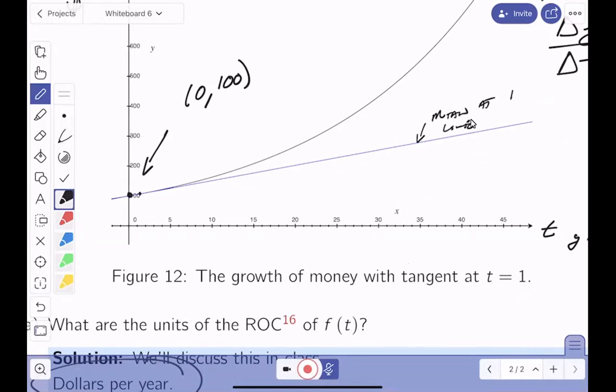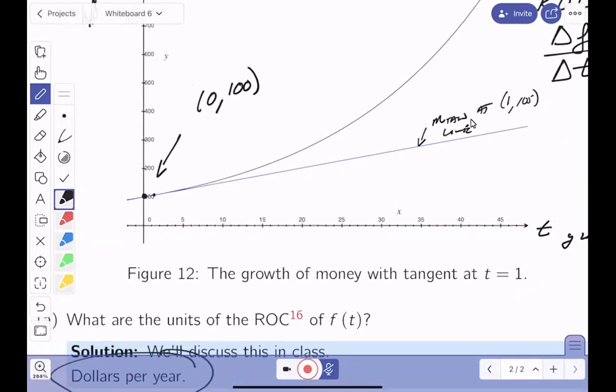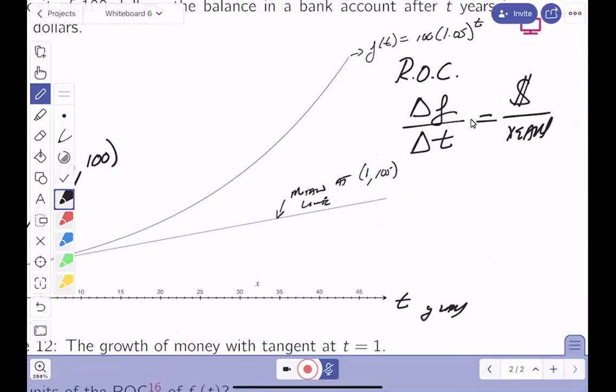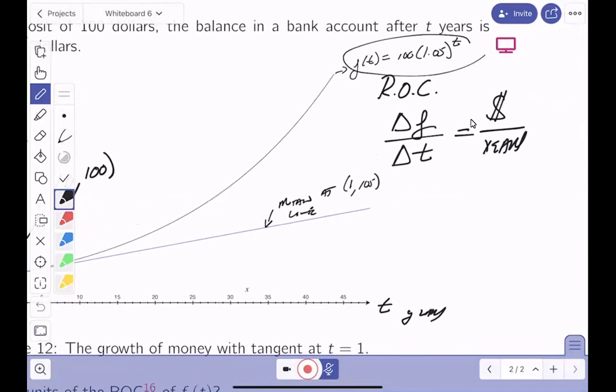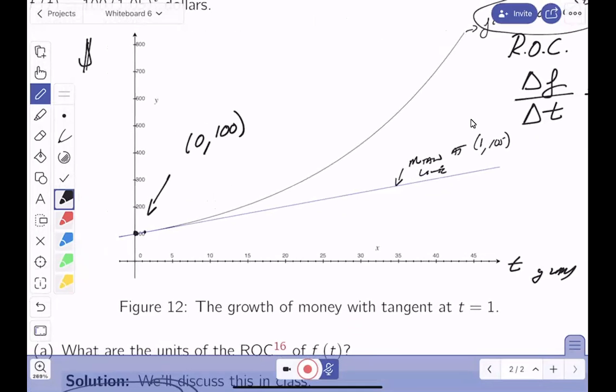Right, you get the idea what I'm doing over here? And what's f of 1? 105. So how'd you do that? If I put 1 up here, that would be 100 times 1.05. I'm glad I got that number. So I got one lousy point over here. Let me point out the point I got.